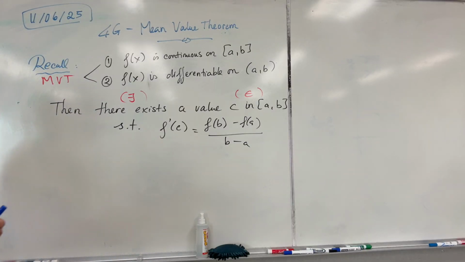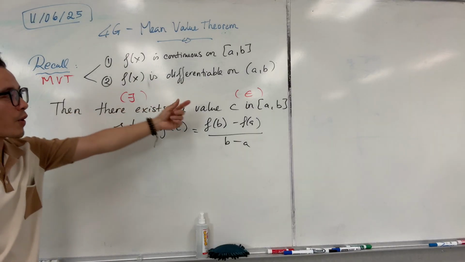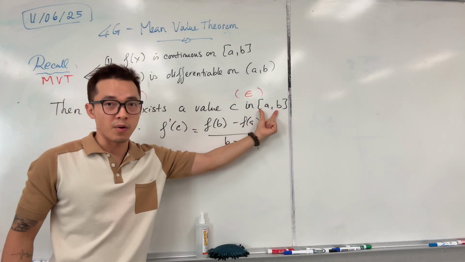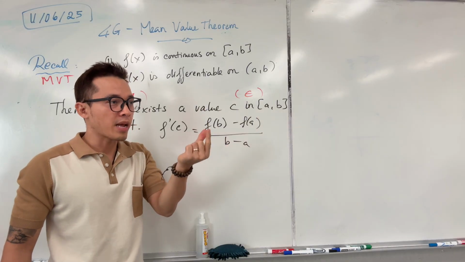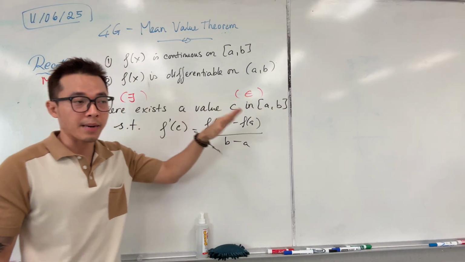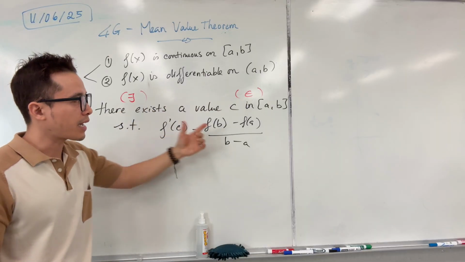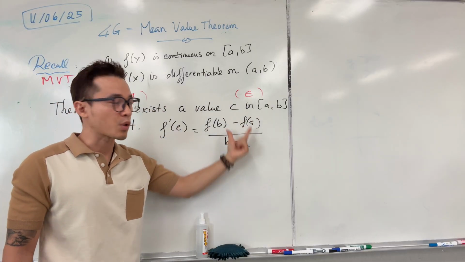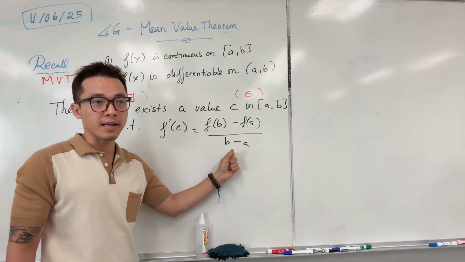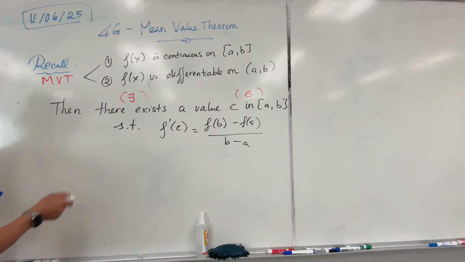So literally what the mean value theorem says is that for the interval, they guarantee you there's a point where the tangent line is parallel to the slope of the whole line from a to b.